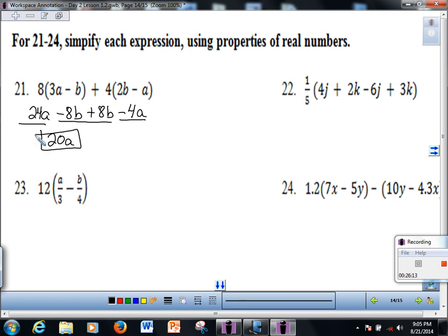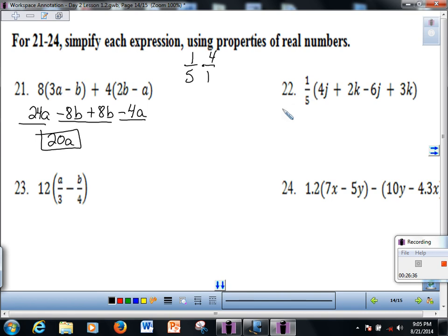Now the others, you can use your calculator on, if you've got it. If not, I'll just show you how you can do it without working too hard. 1/5 times 4, well, that is 1/5 times 4 over 1. To work with fractions, just multiply straight across.